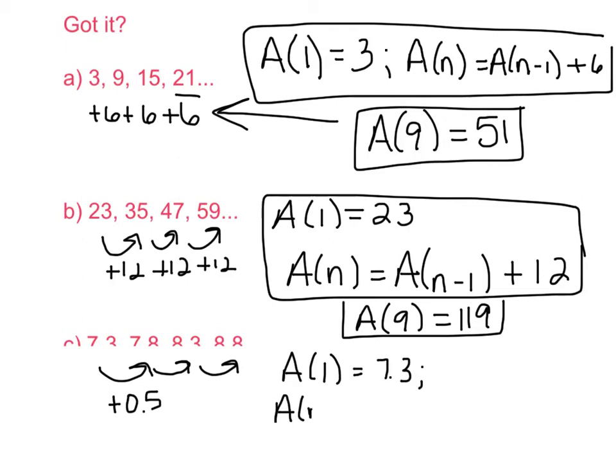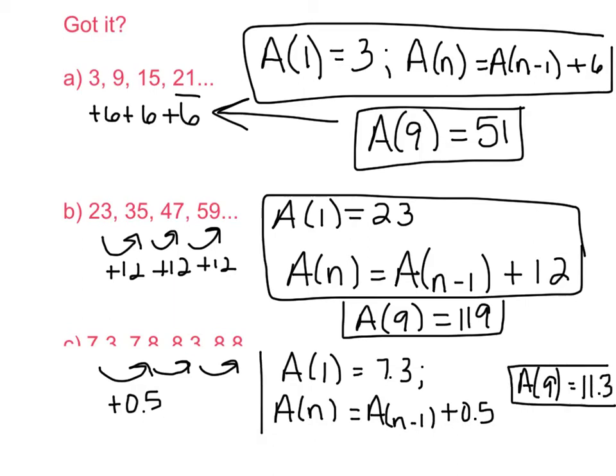And then in our formula, a of n equals a of n minus 1 plus our common difference, which is 5/10 or 1/2. And then we know our 9th term would be, whoops, not 25. I looked at the wrong problem. Your 9th term would be 11.3. And there's your answer.